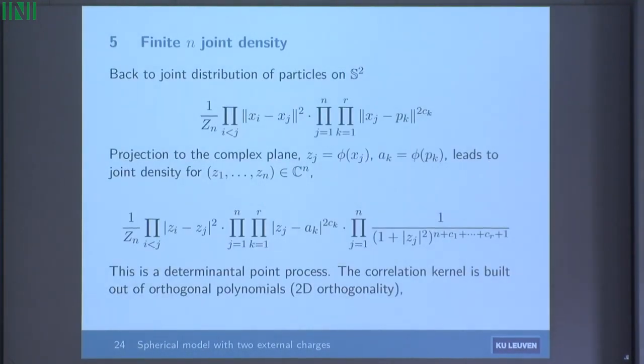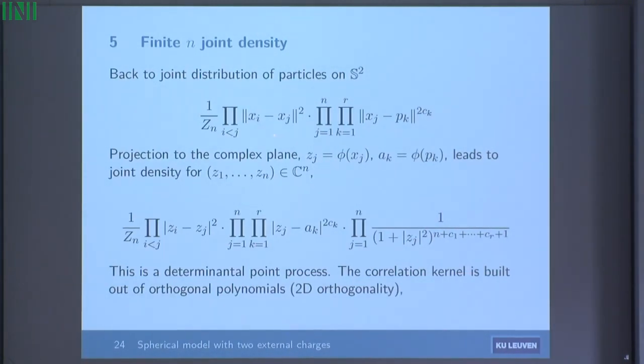We look again at this distribution of particles on the sphere, with these external sources, and we can project this directly onto the complex plane with the stereographic projection.